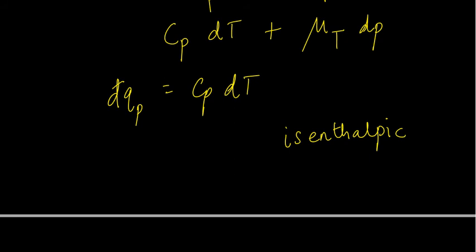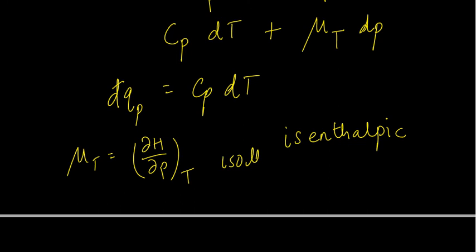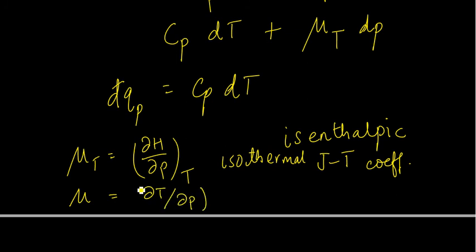There are two types of Joule-Thomson coefficients. So mu T is equal to del H by del P at constant temperature. It's the isothermal Joule-Thomson coefficient. What Joule and Thomson measured were not the isothermal Joule-Thomson coefficient, but mu, which is equal to del T by del P at constant enthalpy, which is the Joule-Thomson coefficient.